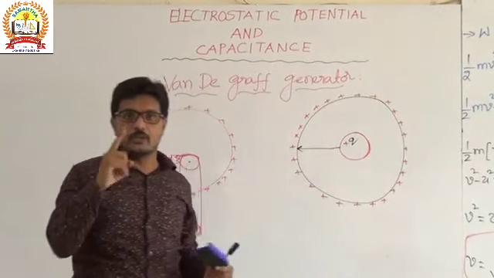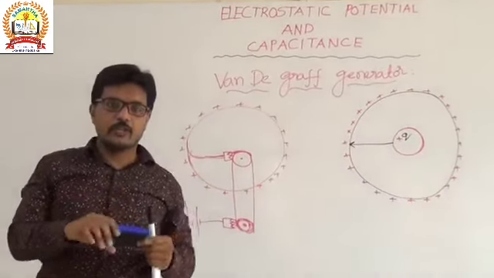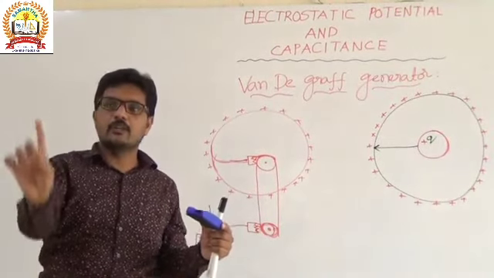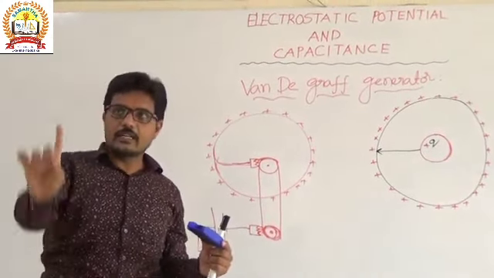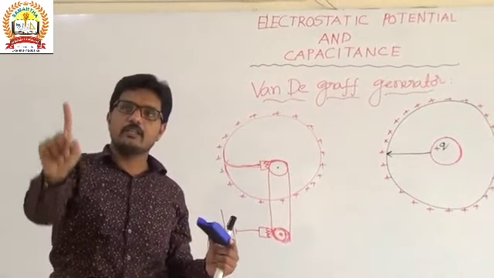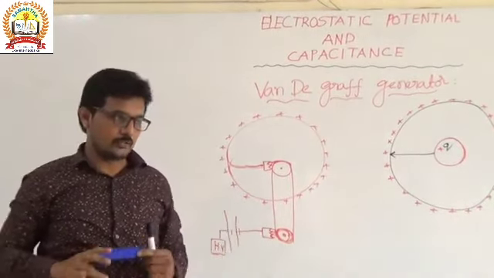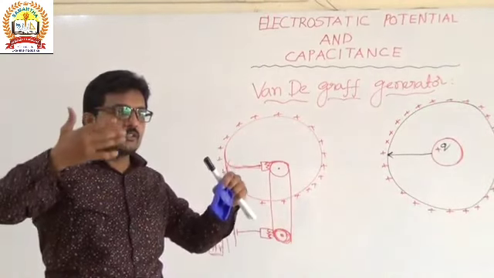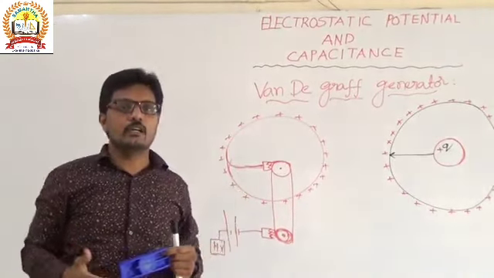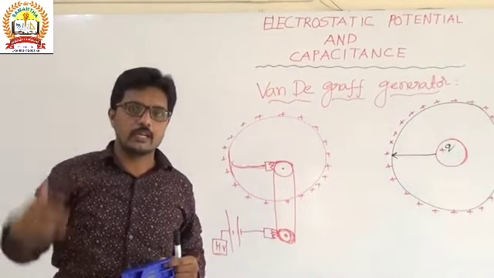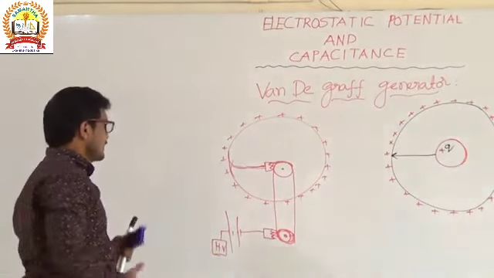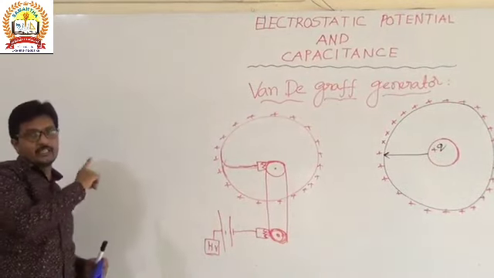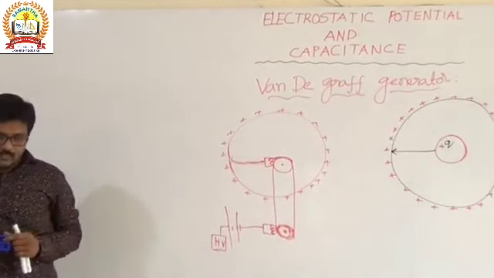So we might observe in videos, when you touch the Van de Graaff generator, the person's hair will initially be straight and then curved. That is the reason: the electric field moves into the negative charge in the air. That is one example of the Van de Graaff generator.